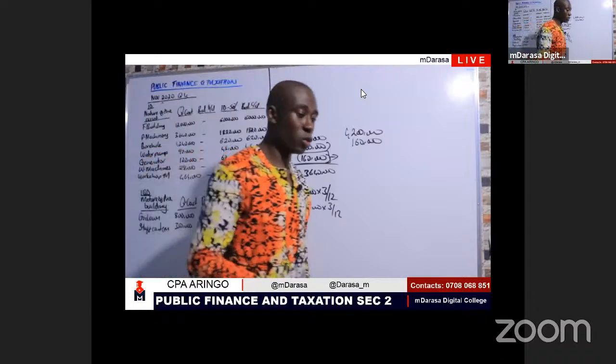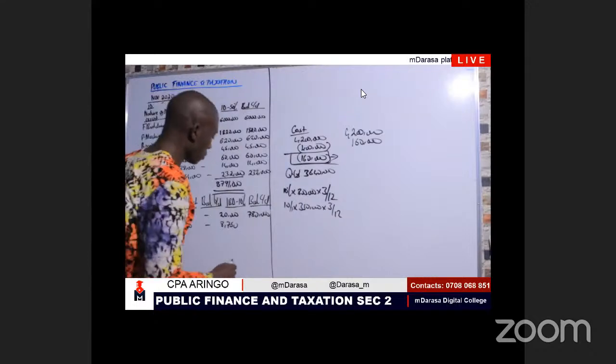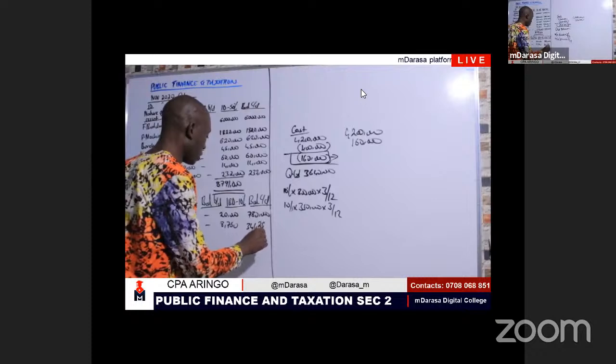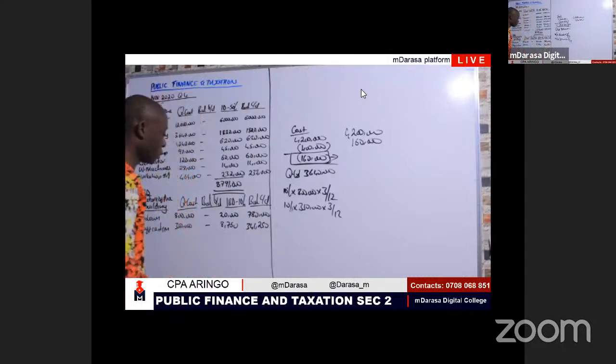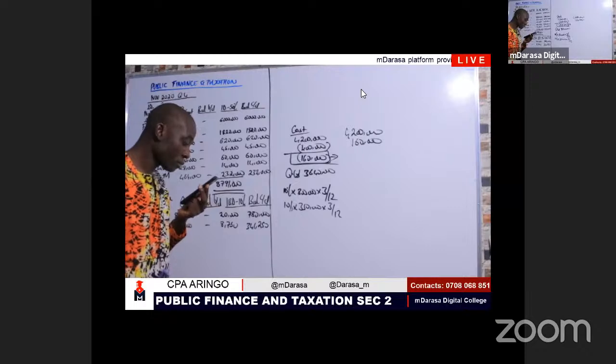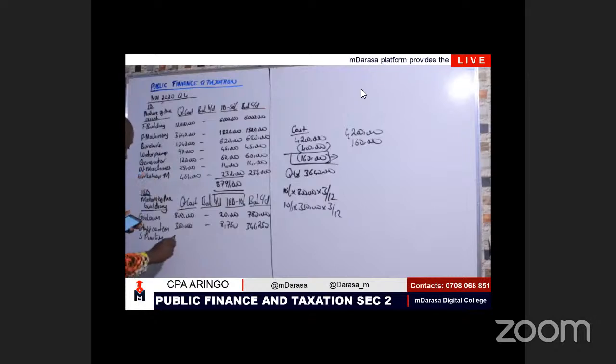Balance carried down should give us how much? 341,250. Then we identify another item: the sports pavilion. I was given a cost of 470,000.